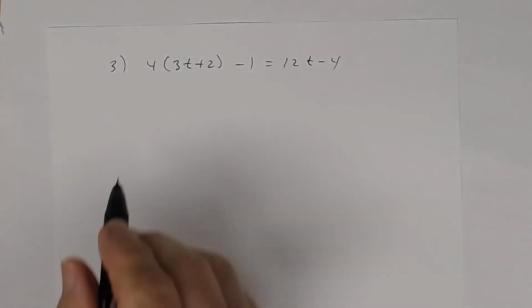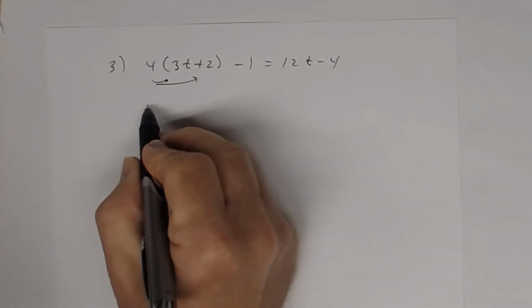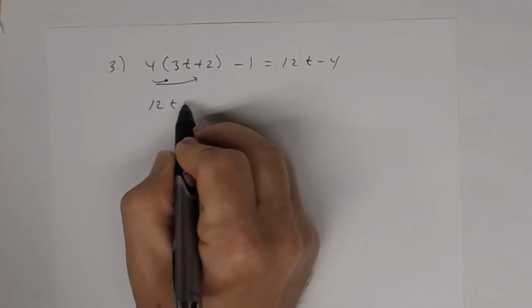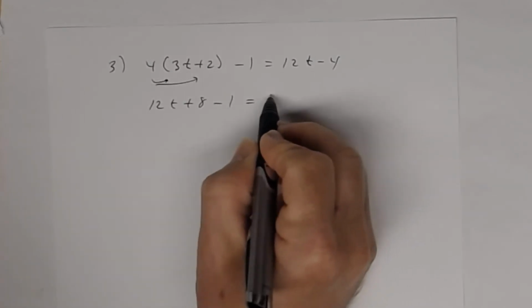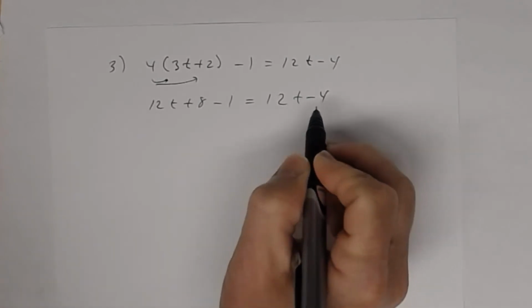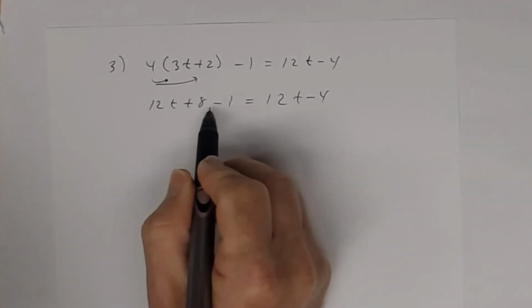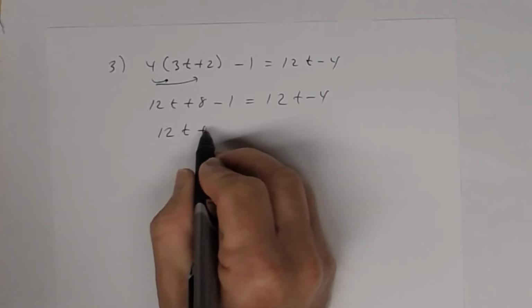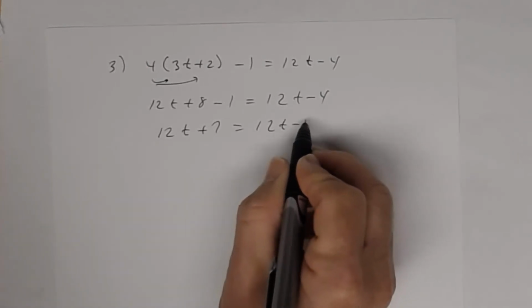So let's go ahead and use the distributive property. I get 4 times 3t is 12t. 4 times 2 is 8. Minus 1 equals 12t minus 4. Combining like terms, 8 and a negative 1 is a positive 7. So I get 12t plus 7 equals 12t minus 4.